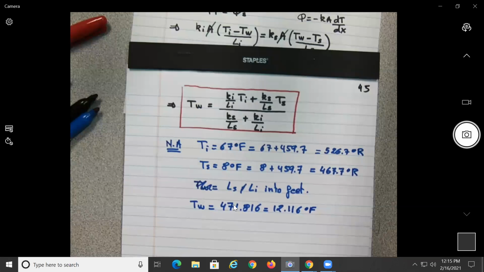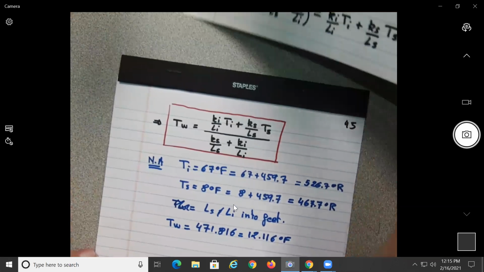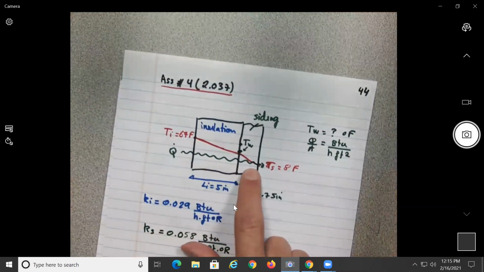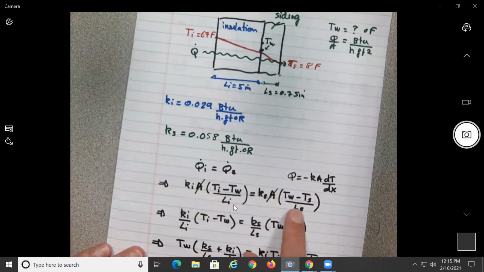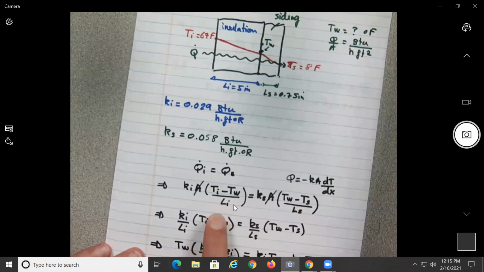Okay? So for the second part of the question, the accuracy is going to be even more crucial. We know that the amount of heat going through the insulation should be equal to the amount of heat going through the siding. So in order to find Q over A, we can use either one of these two, no? Let's say we use the one that goes through the insulation.